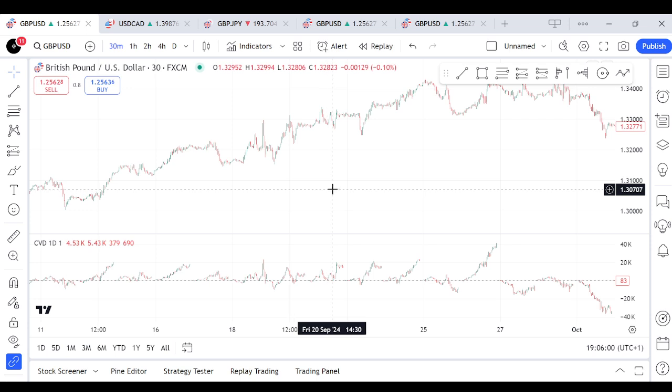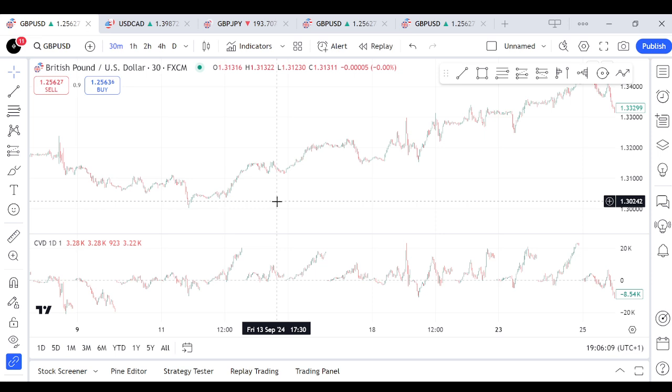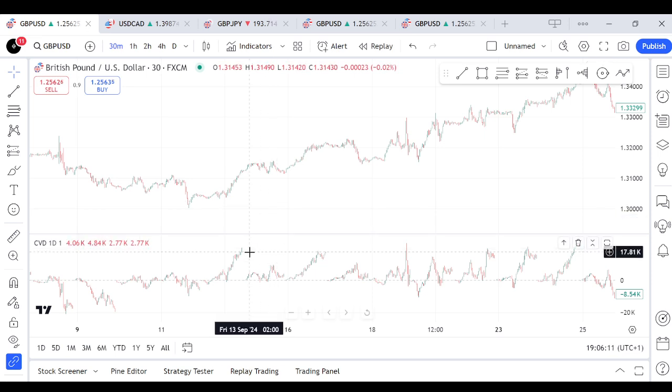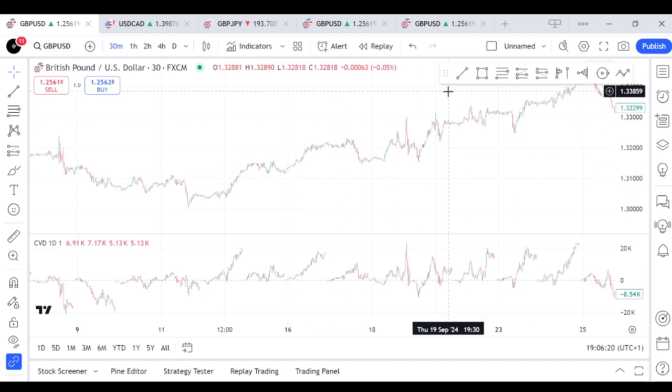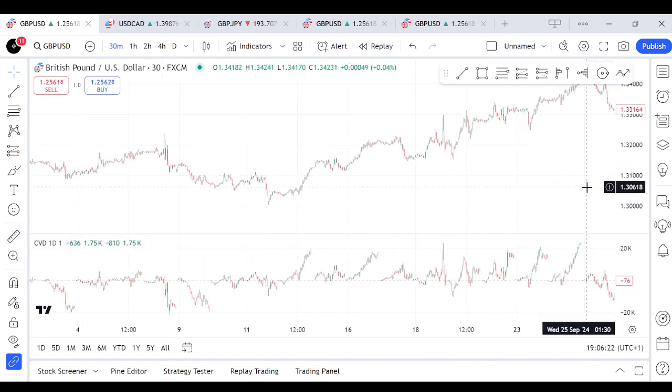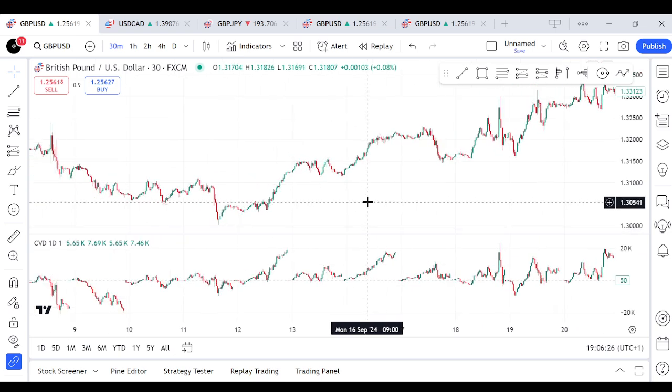The first step, like I said, is to observe the relationship between the CVD and price movement. When you see the CVD rising alongside price, it indicates strong buying interest, and this is a bullish signal, suggesting that the upward trend is likely to continue. So you should be looking for potential buying entries and buying opportunities. You could use price action with the CVD. You could try spotting key levels.